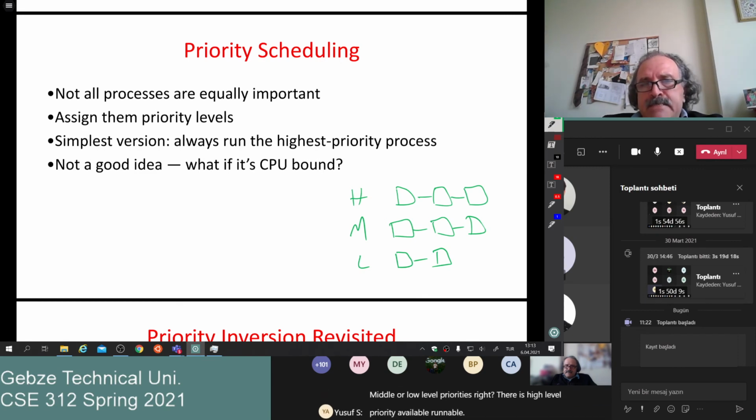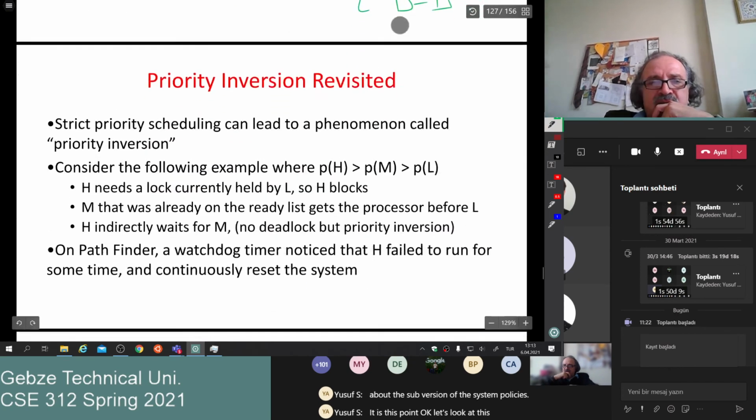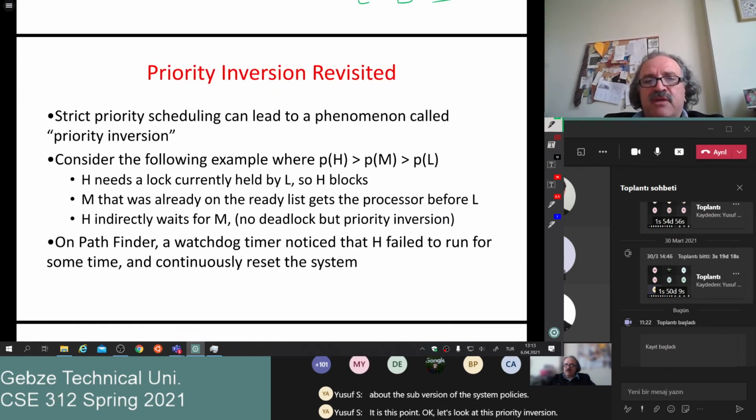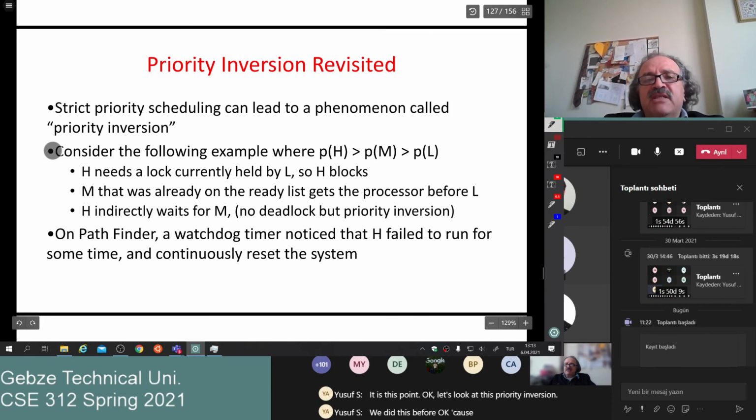But again, I have to be very careful about this priority inversion. Remember, we should be careful about the subversion of the system policies. Okay, let's look at this priority inversion. We did this before. Consider these 3 processes: high priority, middle level priority, and low priority.